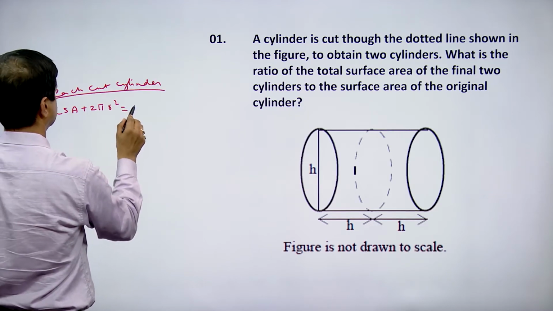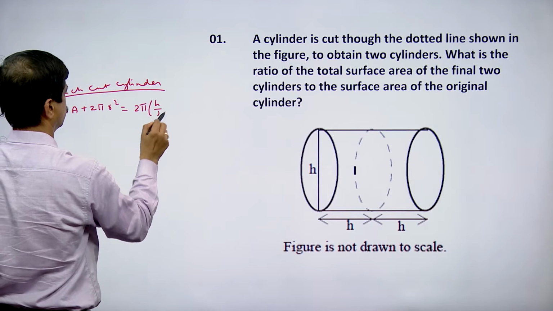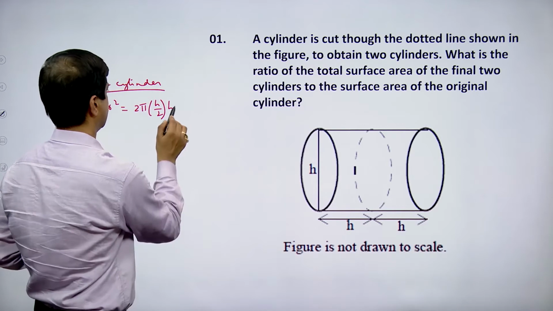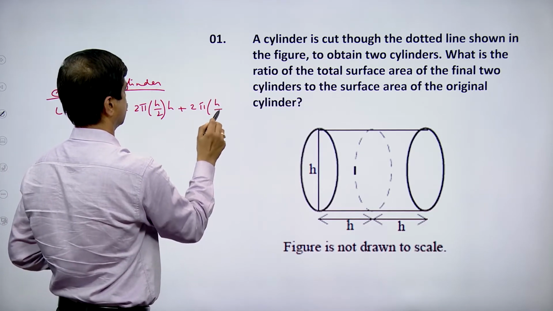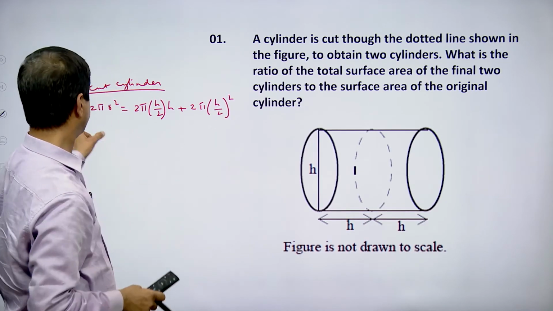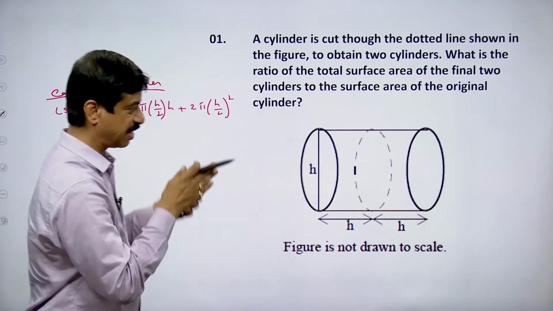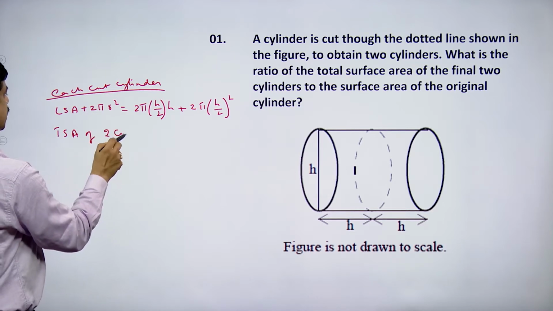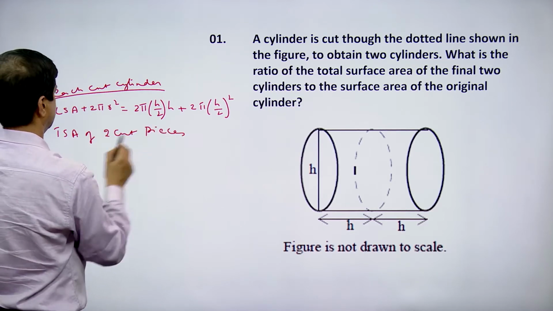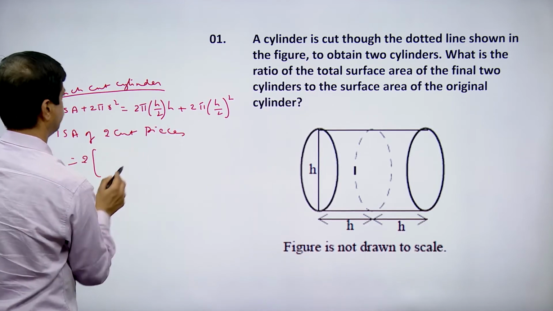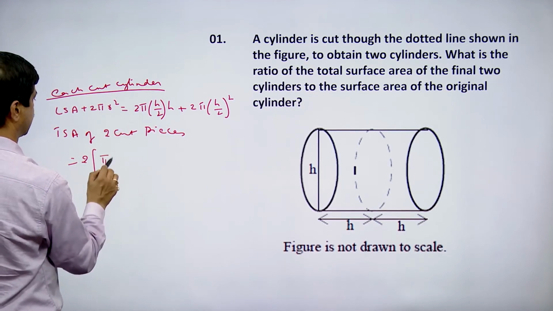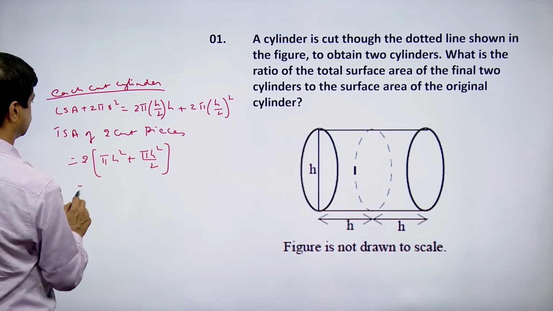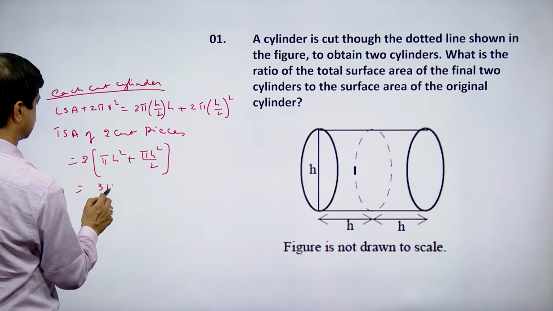So LSA is 2 pi r, r is h by 2, into height h, plus 2 pi r square, h by 2 whole square. This is of one cut piece, but we have two pieces. TSA of two cut pieces is 2 into this all. The 2 gets cancelled: pi h square plus pi h square by 2, so 2 plus 1 is 3 pi h square.